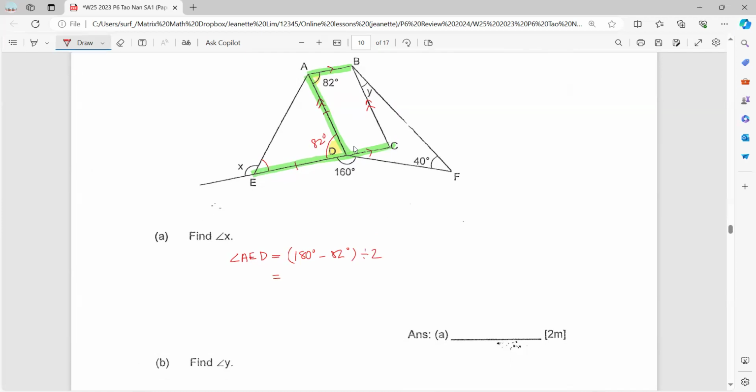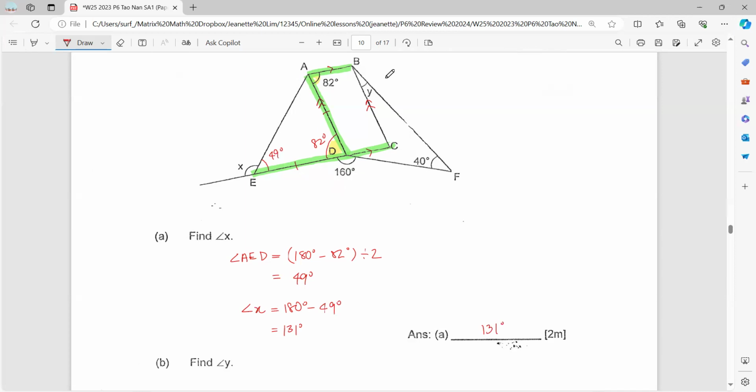Remember to use brackets. 49. So to find angle X, angles on a straight line, 180 minus 49, which is 131 degrees.